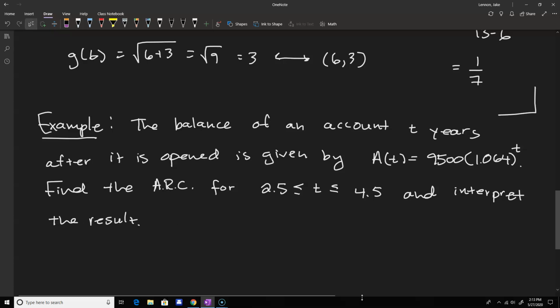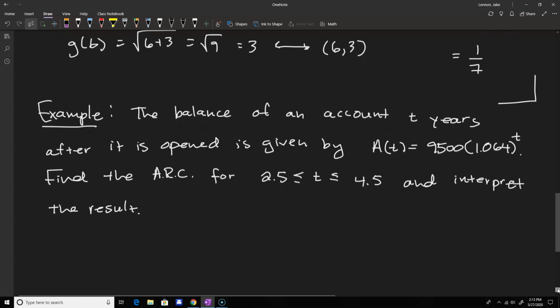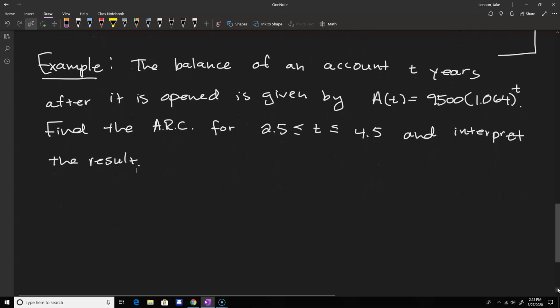So nothing really different about the way that we're going to find the average rate of change. Again, we're just plugging in both the t values into the function. So we want to figure out what A of 4.5 is. So that's going to be 9,500 times 1.064 to the 4.5. And then we go ahead and use our calculator to approximate that result.